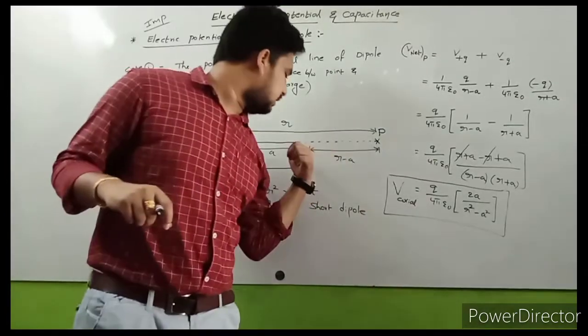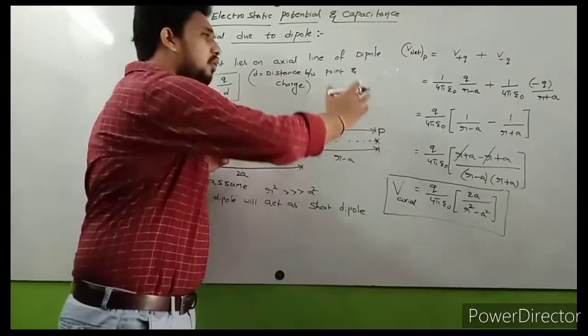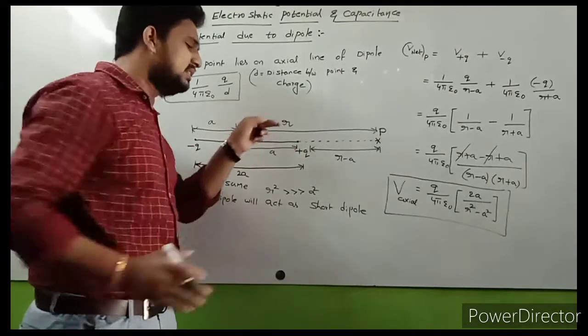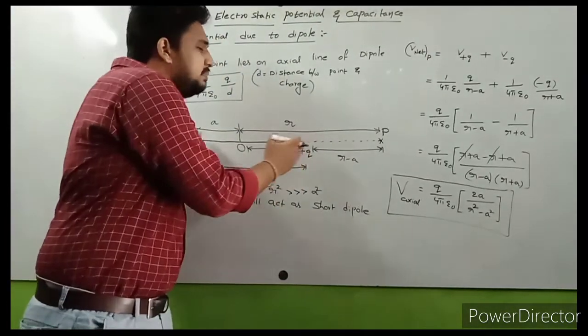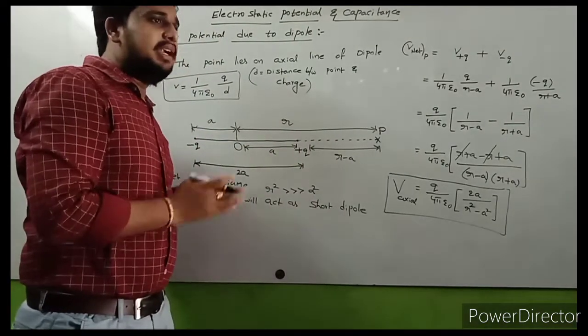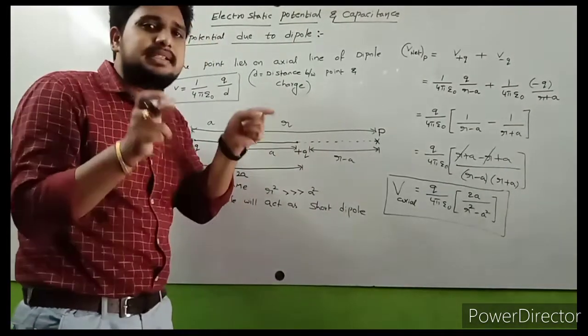If R is far greater compared to a, that means a is very small, so the distance between the charges of the dipole is small. Distance between the dipole charges being small means a short dipole.